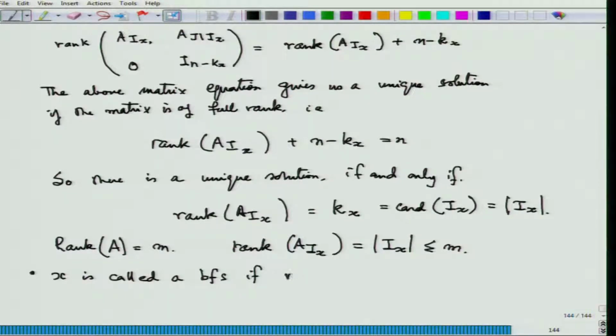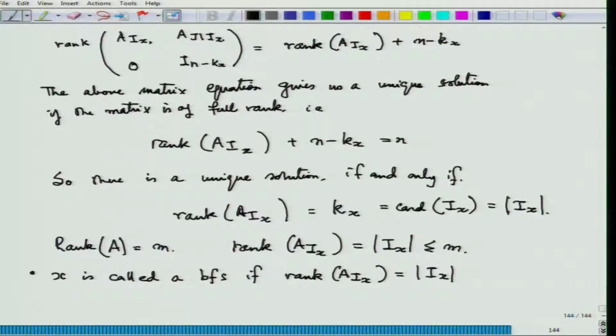if rank A_Ix, so your solution would be a BFS if this is exactly your B part, which will be a square matrix. So, rank of A_Ix would be exactly equal to Ix if m is more than m.